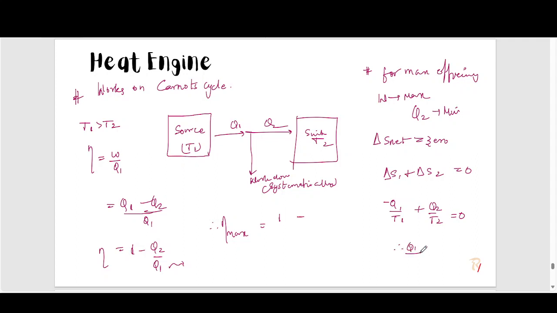Therefore, Q1 by T1 is equal to Q2 by T2, so Q1 by Q2 is equal to T1 upon T2, and Q2 by Q1 is replaced as T2 upon T1.